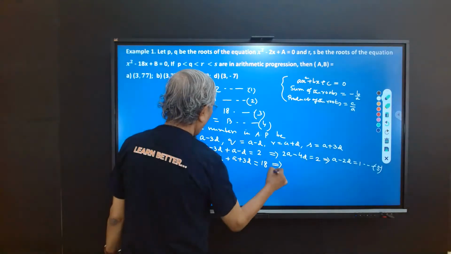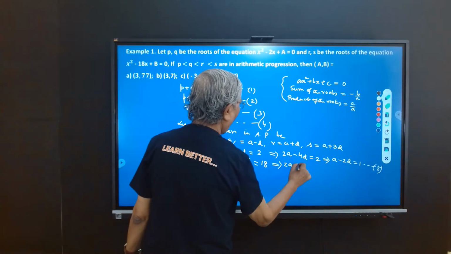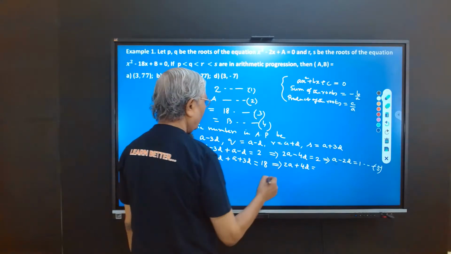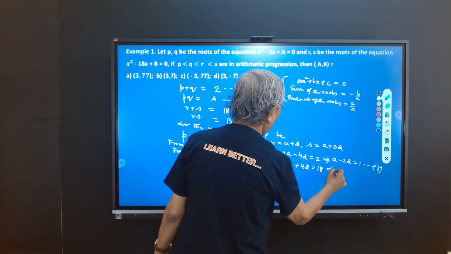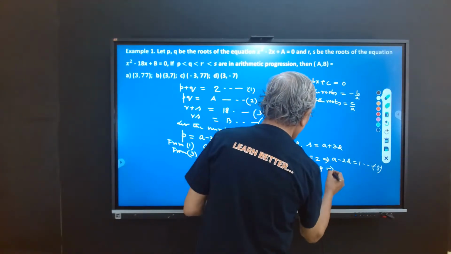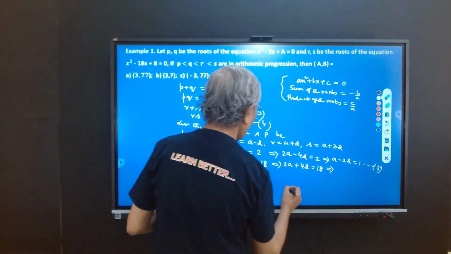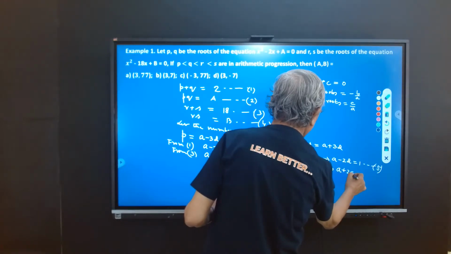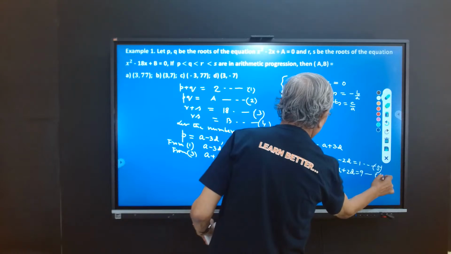This will imply twice a plus 4d equals 18. This will imply a plus 2d equals 9. This is our equation number 6.